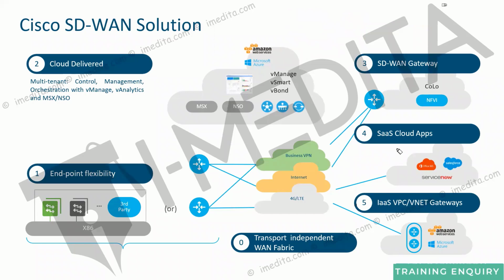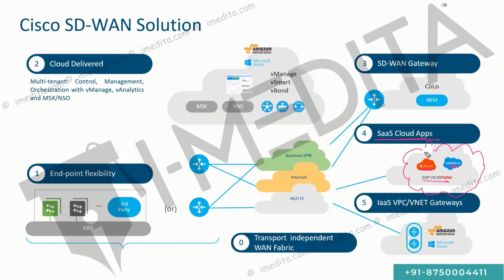Now, software as a service, for example, is a very popular concept in modern day networks. We already talked about that. ServiceNow, Office 365, Salesforce, these are different types of software that we can run onto the cloud.